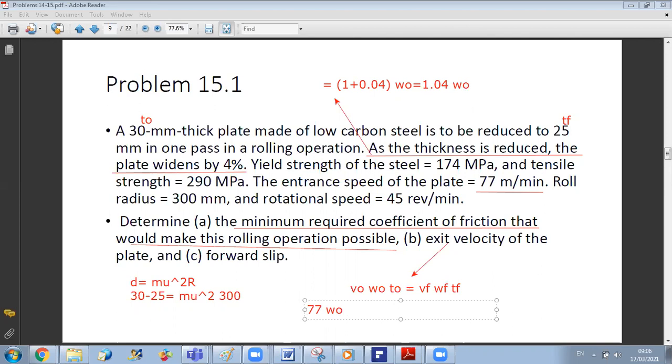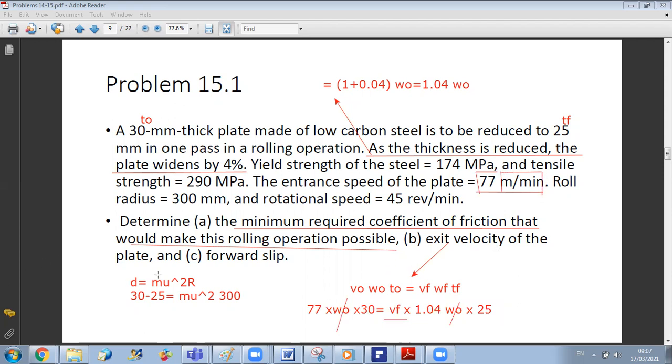T0 is 30, so it's 77 times omega 0 times 30 equals, on the other side, V final, which is unknown and which I want to find, times 1.04 omega 0 times the final thickness, which is 25. Now I simplify omega 0 from both sides. The only unknown will be V final. I can get it, and its unit will be meter per minute. So this is for question B.